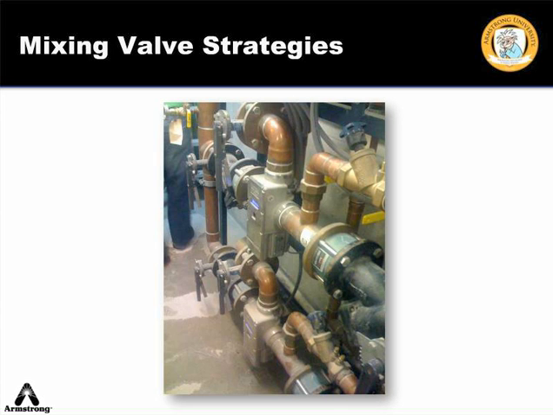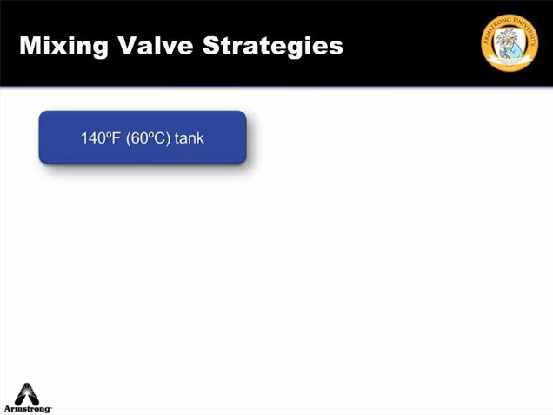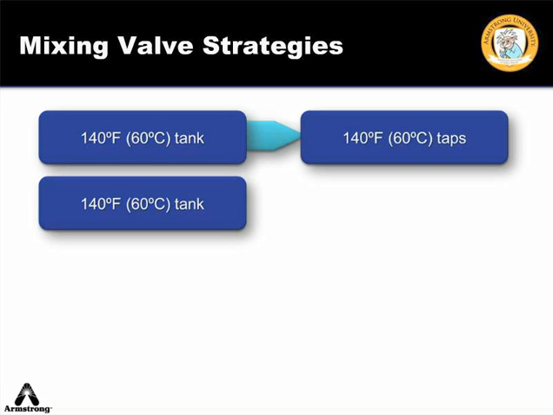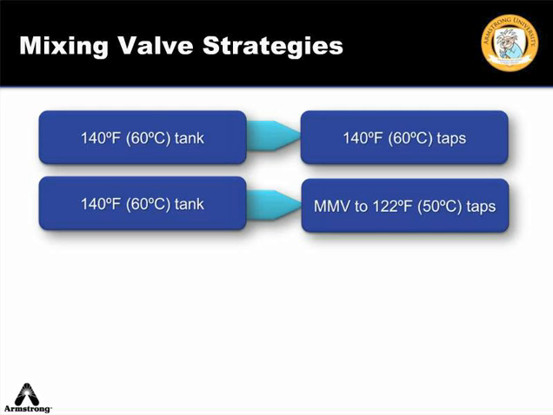In an effort to control Legionella, there are a number of mixing valve strategies to consider for domestic hot water systems. A 140° Fahrenheit tank to 140° Fahrenheit taps. A 140° Fahrenheit tank to a master mixing valve, MMV, to 122° Fahrenheit taps.